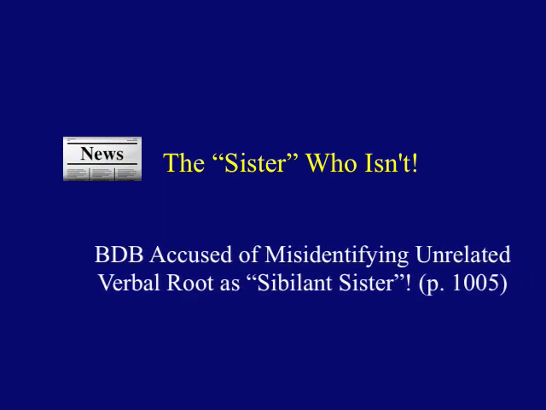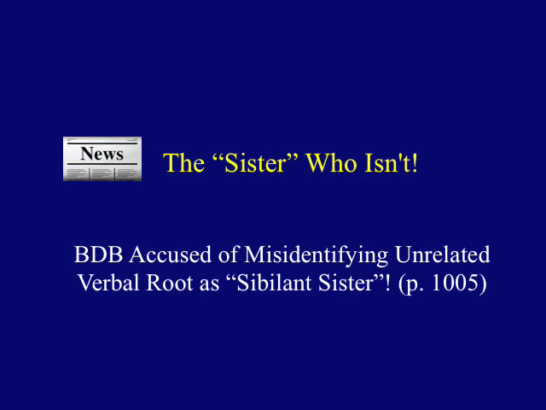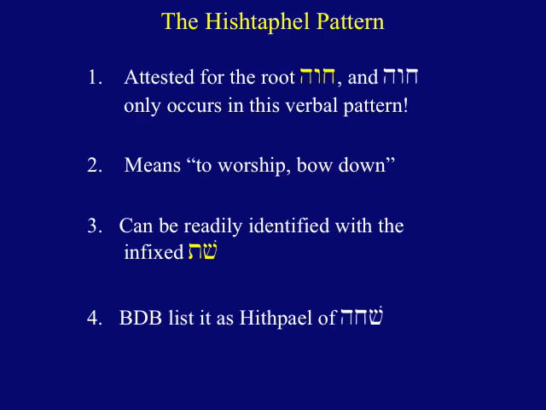Speaking of the sibilant sisters, newsflash, the BDB is accused of misidentifying an unrelated verbal root as a sibilant sister. That is, there's a root that is not sibilant, but when the BDB was written, they thought it was. Let's take a look. There is a root chet vav hey.